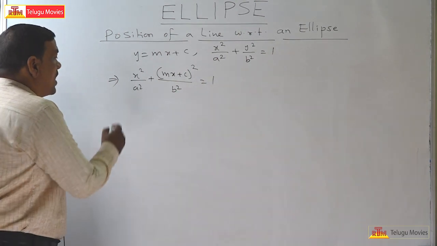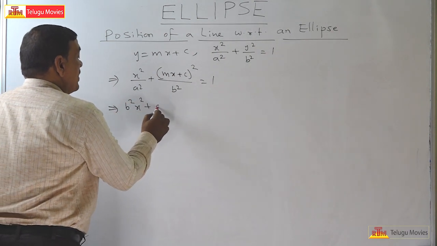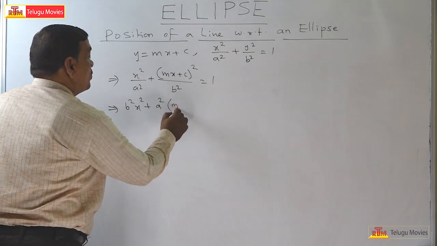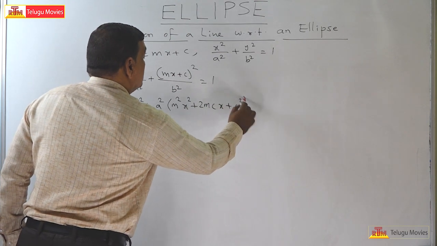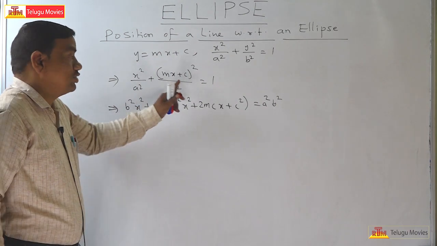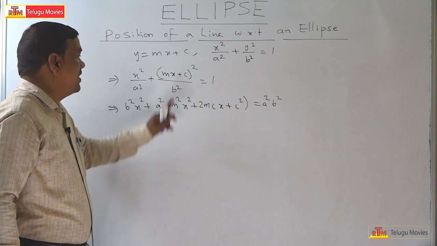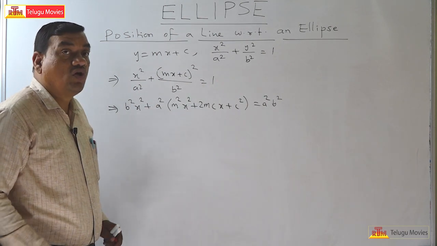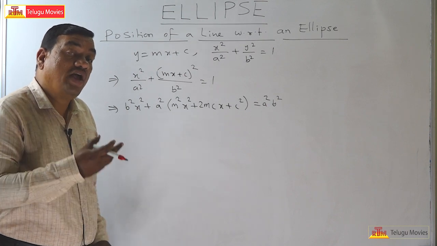Upon simplification, we get b square x square plus a square (mx plus c) whole square, you expand it: m square x square plus 2mcx plus c square, is equal to a square b square. Here the LCM is a square b square, so cross multiplication gives b square here and a square here. Now here we are going to get a quadratic equation in the variable x.